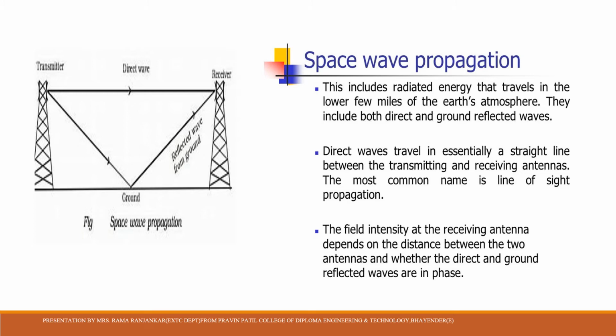Direct waves travel in essentially a straight line between the transmitting and receiving antenna. The most common name is line of sight propagation. And the field intensity at the receiving antenna depends on the distance between the two antennas and whether the direct and ground reflected waves are in phase.